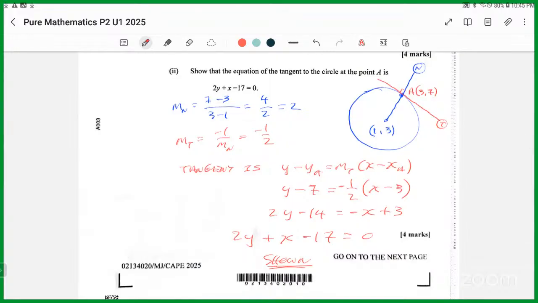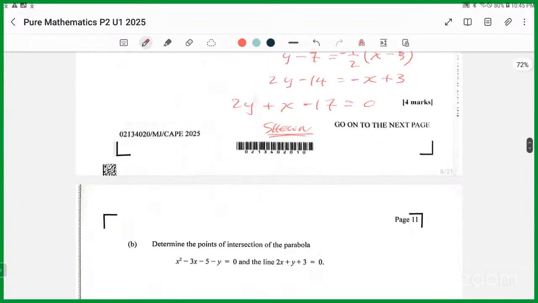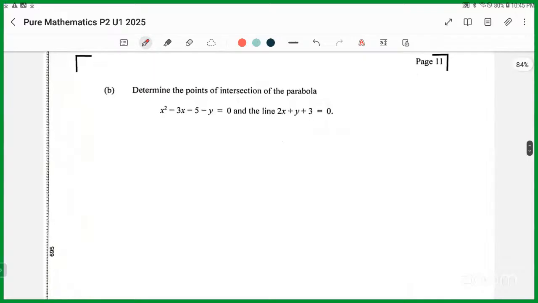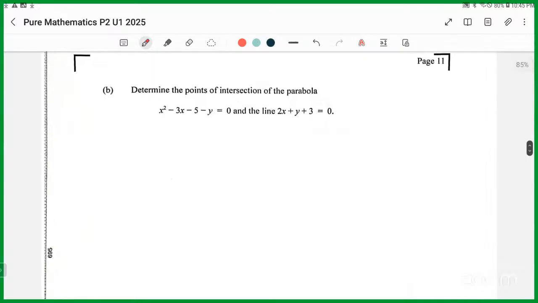This looks like it was a nice, easy paper, guys. This one said, determine the points of intersection of a parabola and a line, which is solving simultaneous equations of a quadratic and a line. They are friendly because you have minus y and y, so we just need to add them.